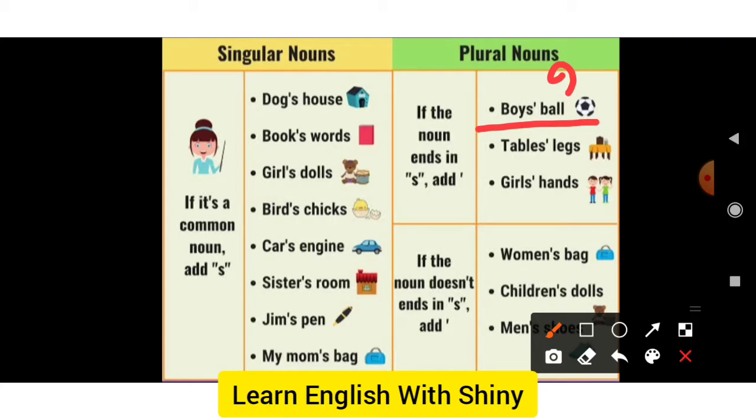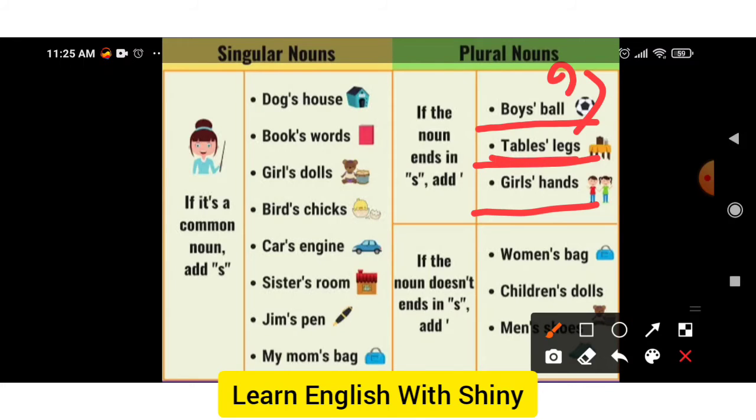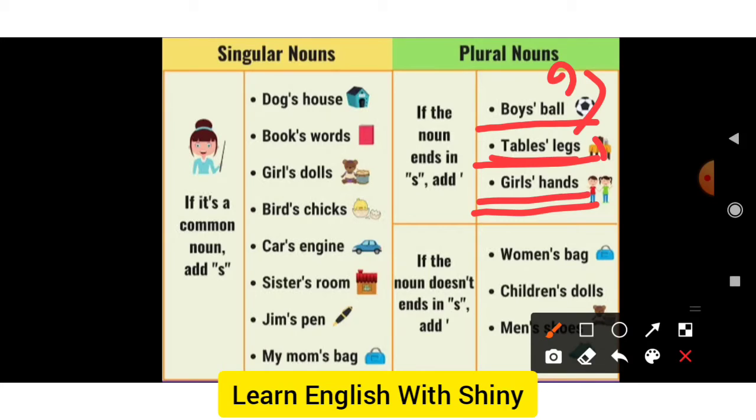For example, boys' ball, tables' legs, girls' hand. Here you can notice the quote is after the s. Boys, after s we have used the single quote. Tables, after s we have used the single quote. Girls, after s we have used the single quote.